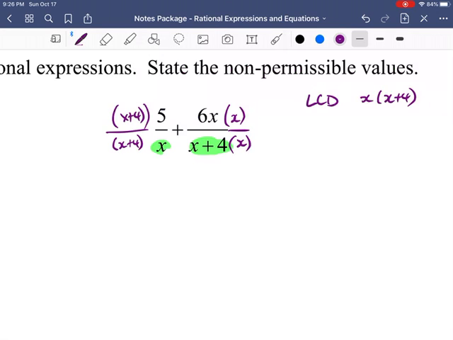And what happens here is you get 5x plus 4 over x and x plus 4 plus 6x squared over x and x plus 4. So now we have a common denominator.